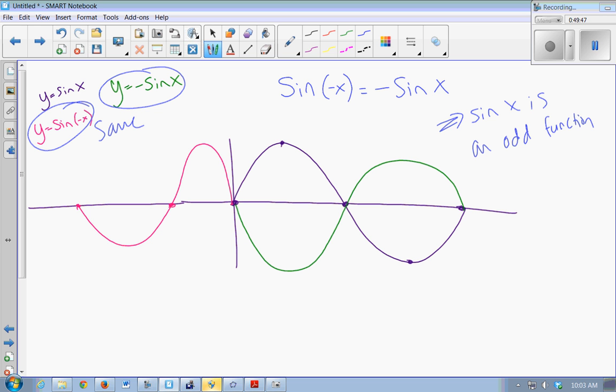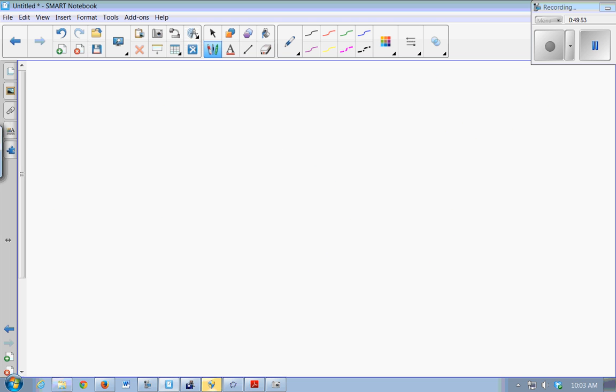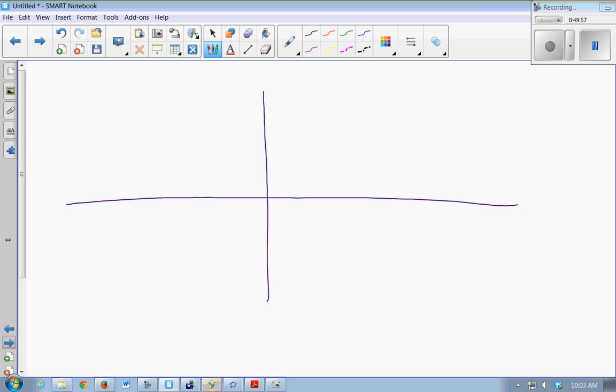So let's look at cosine. Let's see if cosine has a similar property. So if I start by drawing cosine, it starts at a high, finishes at a high, goes like this. All right, so if I were to draw y equals the cosine of negative x, that would be a reflection over the y-axis.